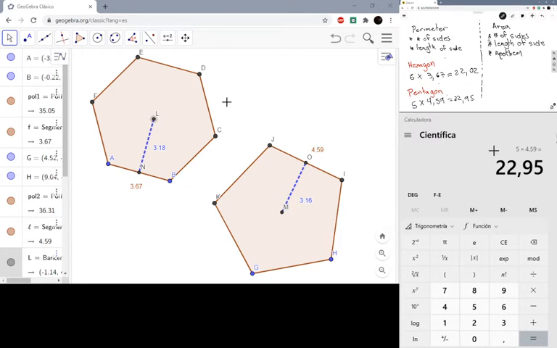So what do you have to do? You have to multiply these 3 things and at the end divide by 2 always. So let's make it for the hexagon, and let's make it for the pentagon.